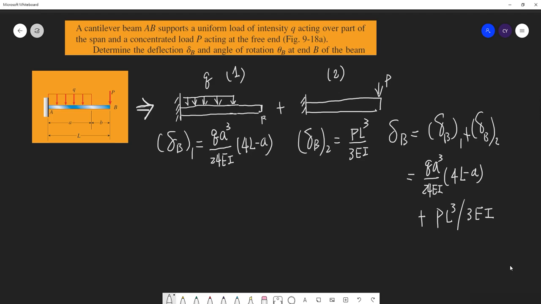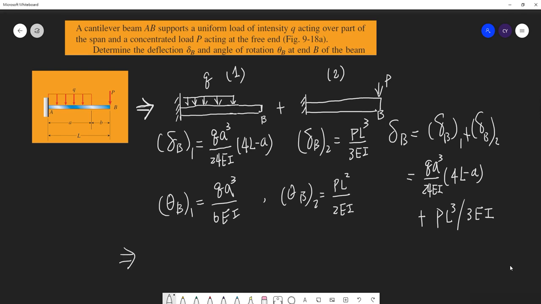This is the point B. So theta B1 is equal to QA^3 over 6EI, and theta B2 is equal to PL square over 2EI.